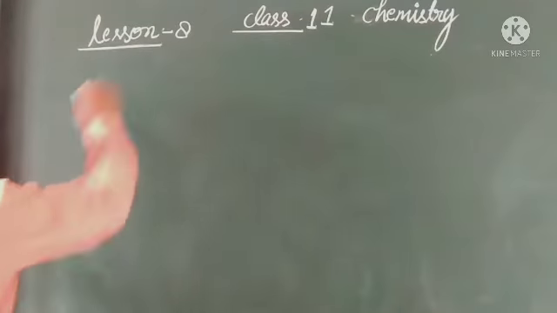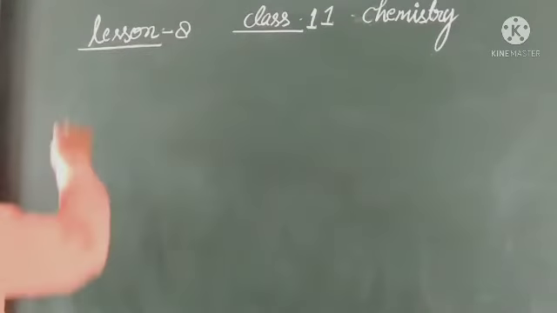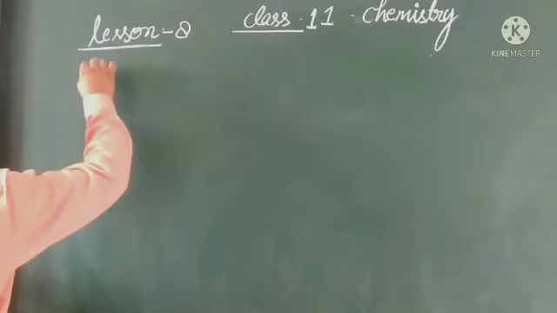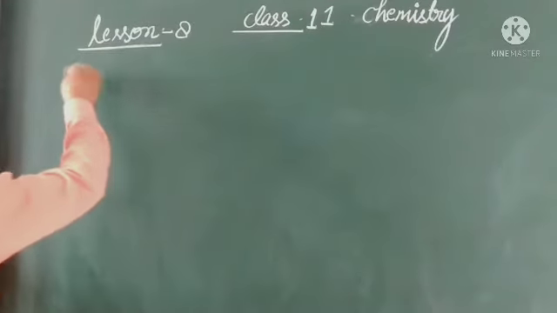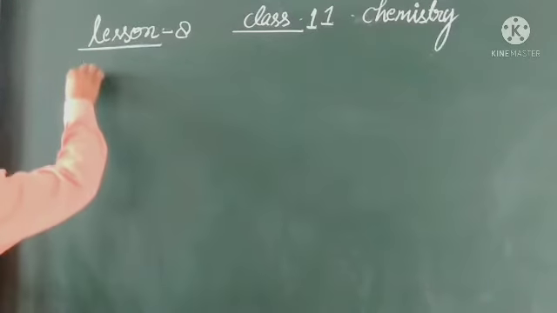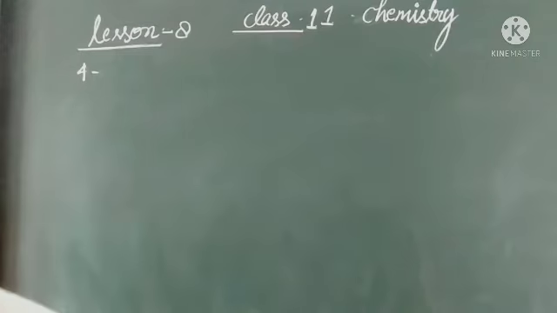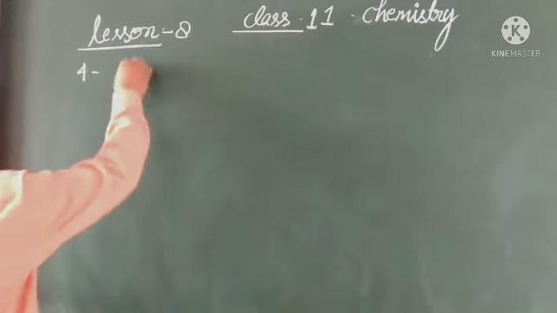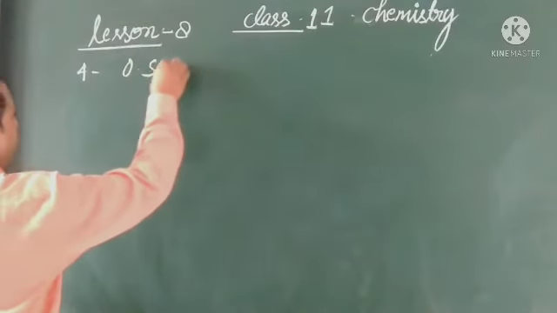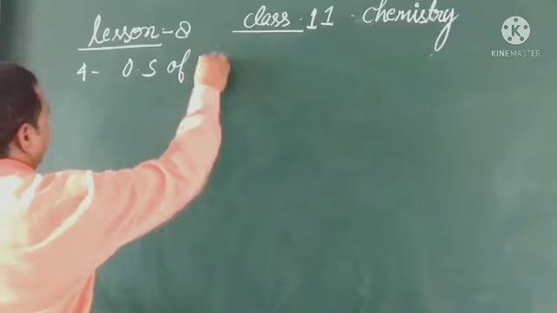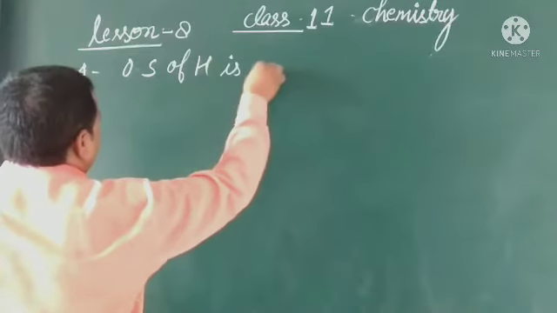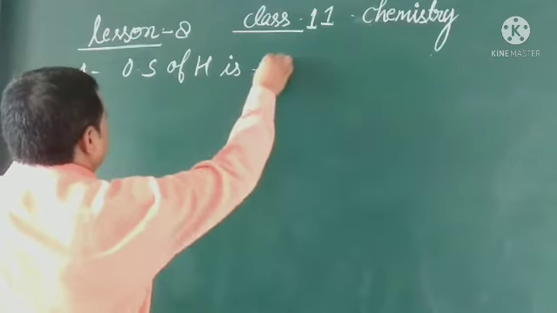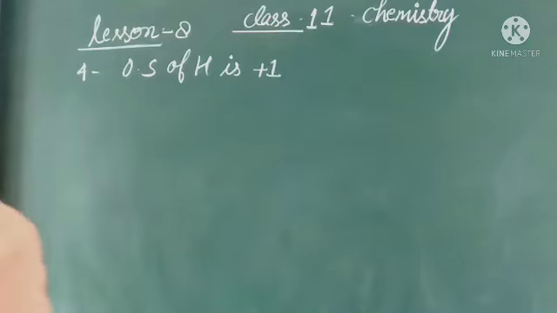Here is the oxidation state of hydrogen, the fourth point. The oxidation state of hydrogen is plus 1.